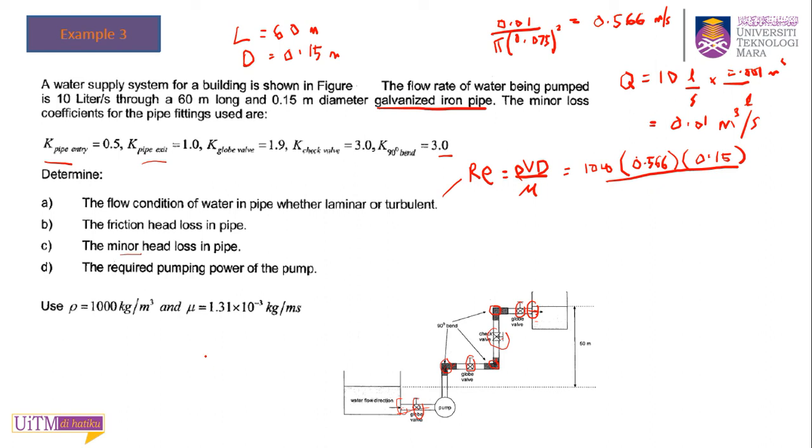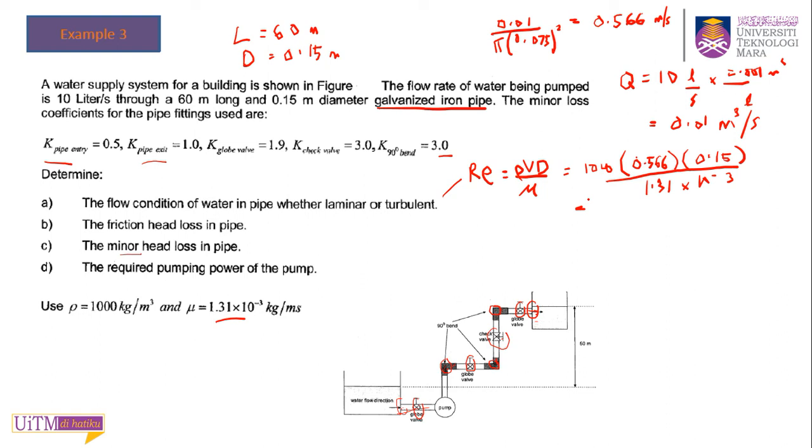Where is the mu? Oh, here, 1.31 times 10 to the minus 3. So you will get the Reynolds number, and you can determine whether it is laminar or turbulent.